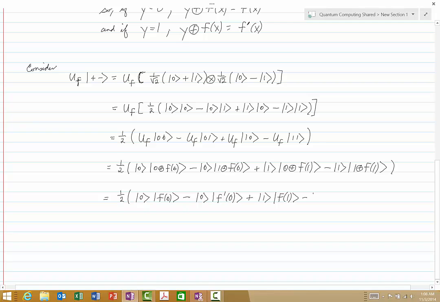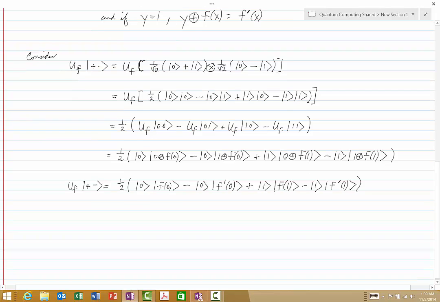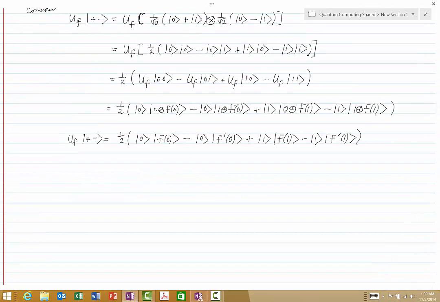And then finally minus 1, and 1 exclusive or f of 1 here will be f prime of 1. And so that's what we'll have for UF of plus minus.